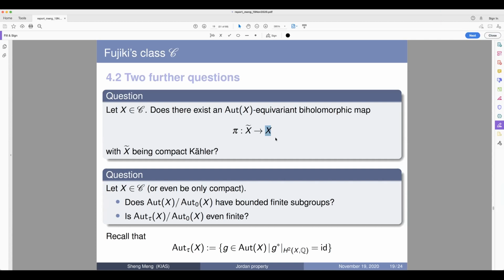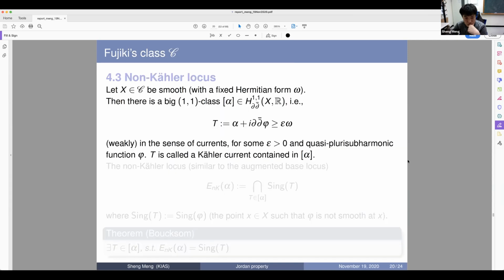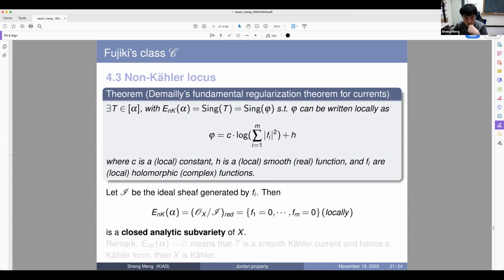But after blowing up, this is too strong. This question is too difficult, because as I said, the key step of showing that Fujiki's class admits a Kähler model is by blowing up the ideal sheaf of this one. But this ideal sheaf may have multiplicity, and although you can show some equivariance on the non-Kähler locus of alpha, you cannot show the invariance of this ideal sheaf.